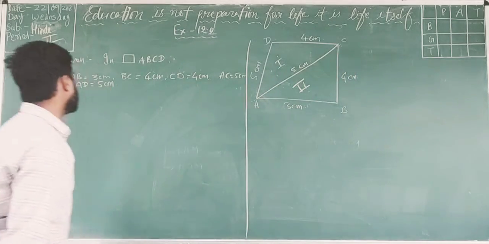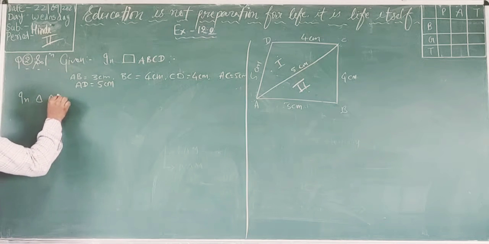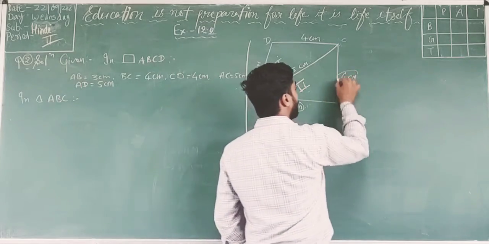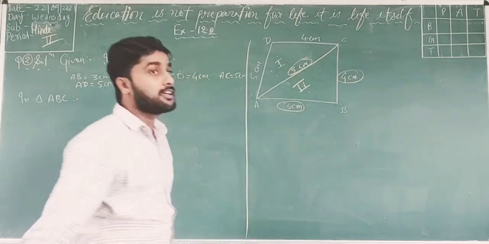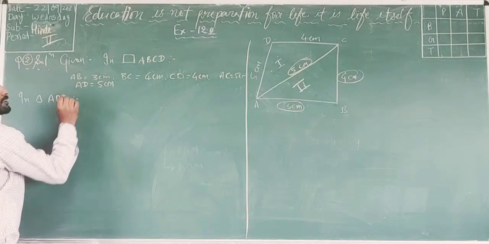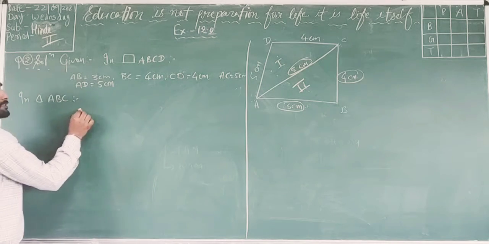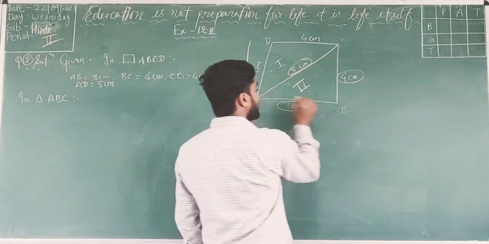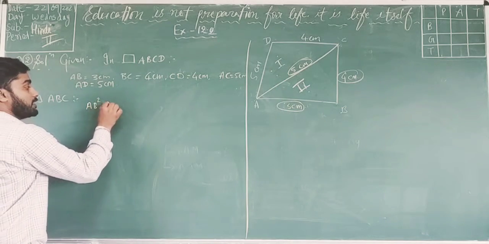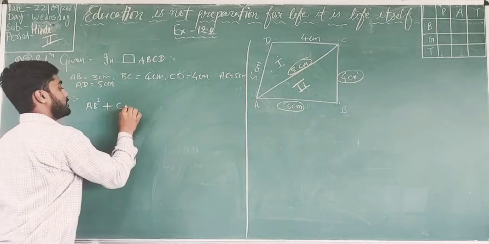In triangle ABC, since sides 3, 4 and 5 are given, I observed that and I am going to use that trick. Since it is following the Pythagoras theorem: AB square plus CB square.